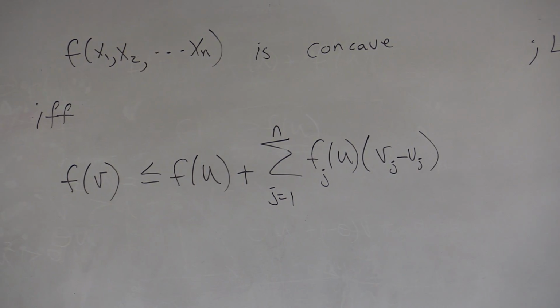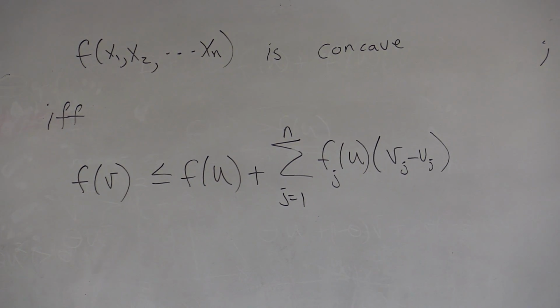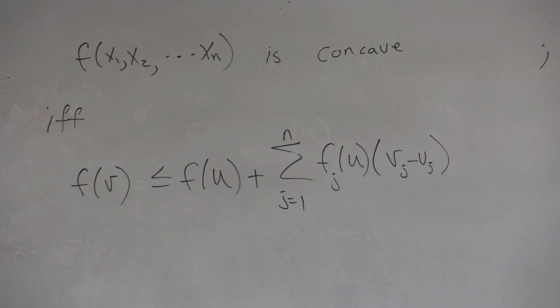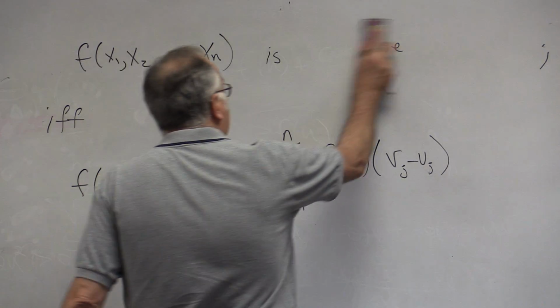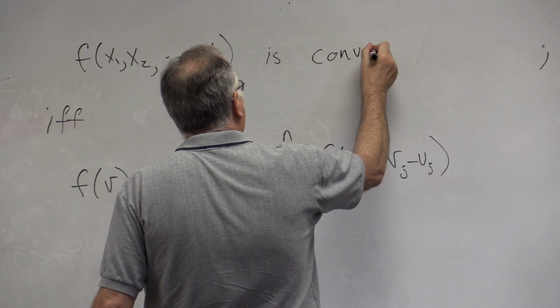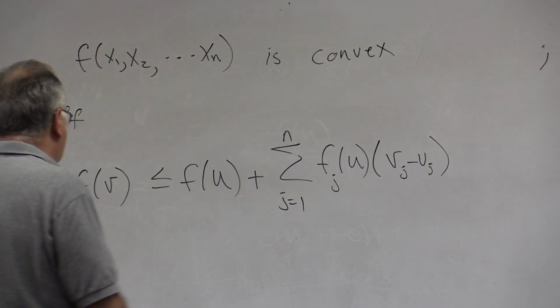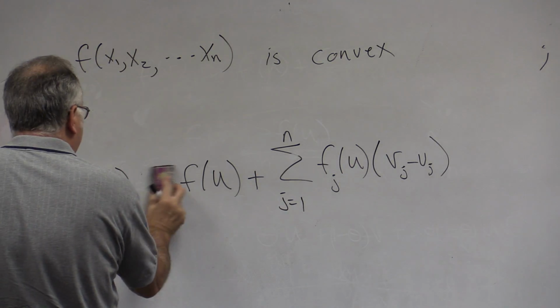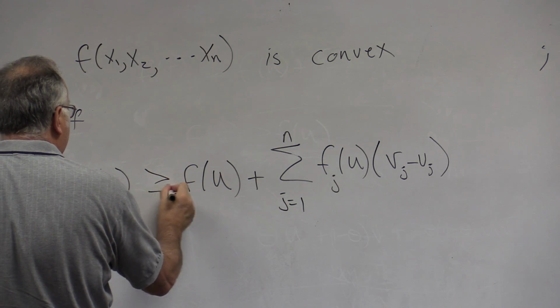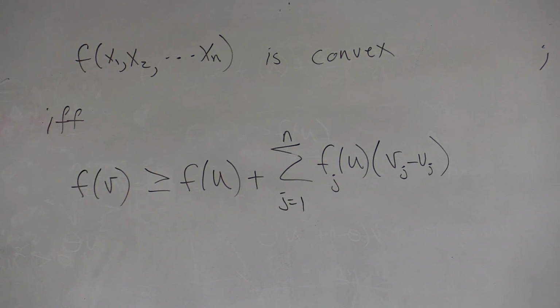And just as before, the condition for convexity, you just reverse it. If we change this to convex, then you just reverse the direction of that inequality. Okay.